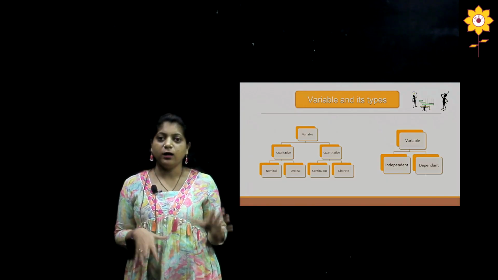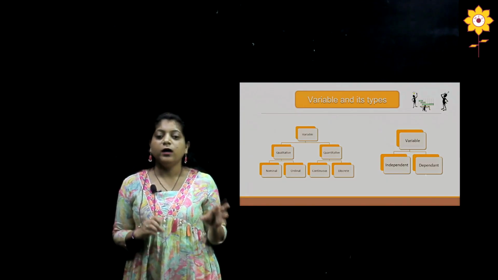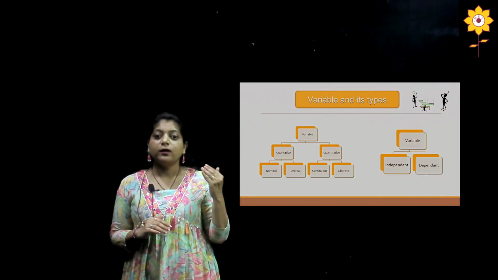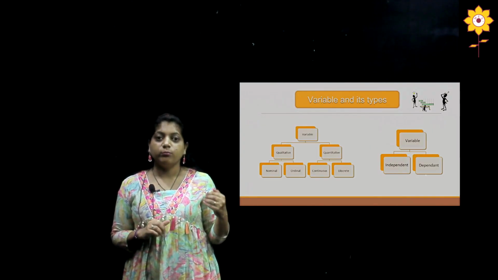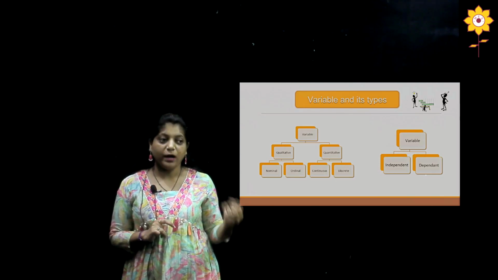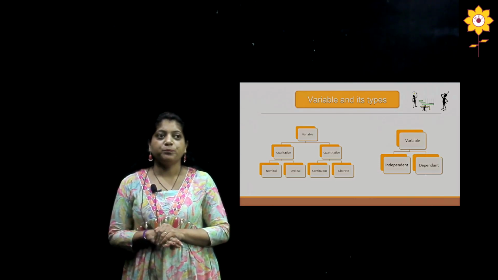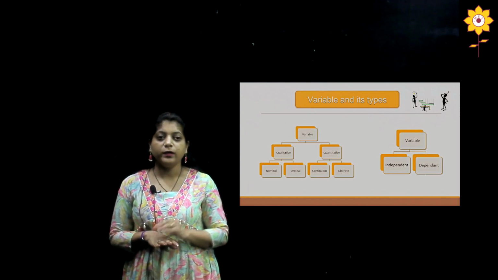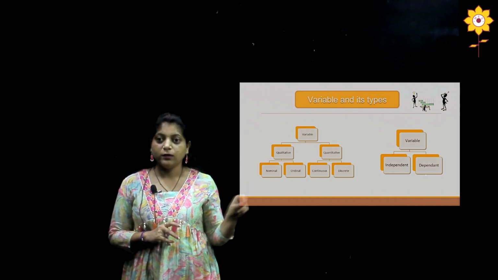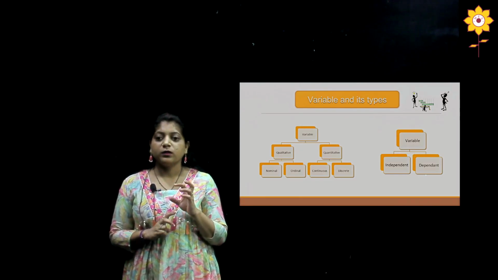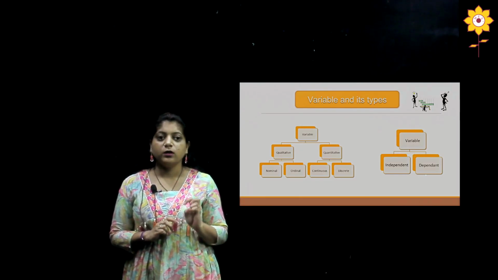For the ordinal data, the order matters, where you can easily mention the first, the second, the ranking of the data, and that matters when you are collecting the data. For example, the state-wise rank of the student, or your AIR ranking.